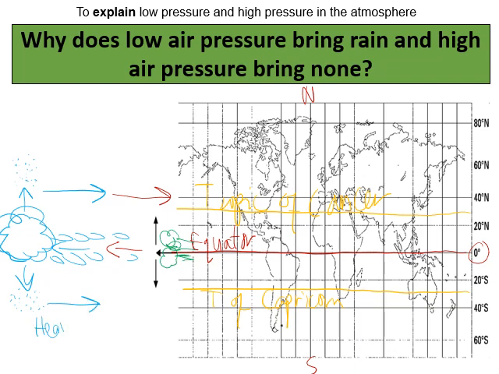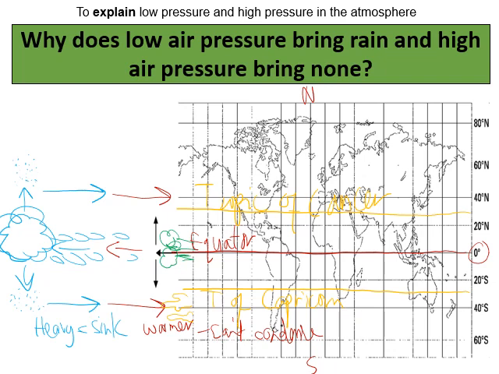So heavy equals that it sinks, and as it sinks, it gets warmer, so it can't condense. So if it's getting warmer and there's no rainfall, it means areas of the Tropic of Capricorn and Cancer are going to be very dry. So you might want to draw here your cacti.